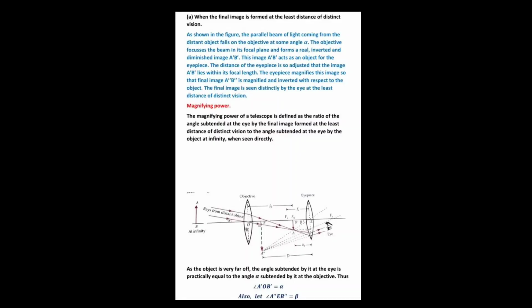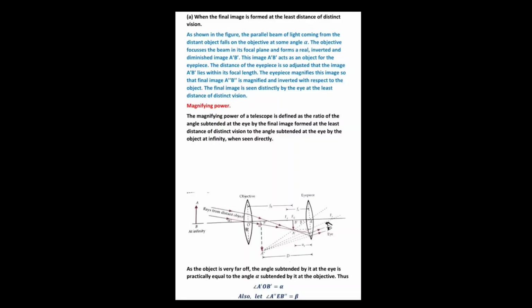Firstly, we are going to understand case number 1, when the final image is formed at the least distance of distinct vision. First of all, look at the diagram, and you can clearly observe that a parallel beam of light coming from the distant object falls on the objective at some angle, let that be alpha.